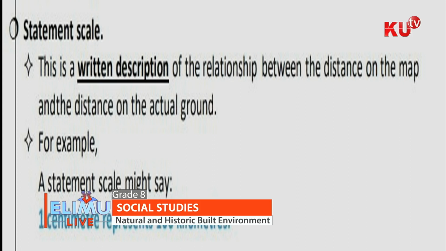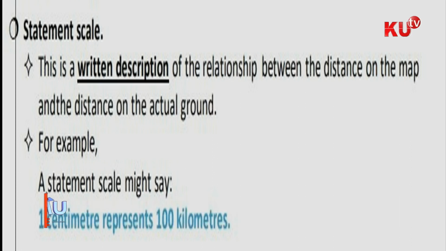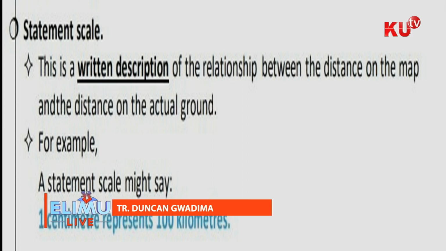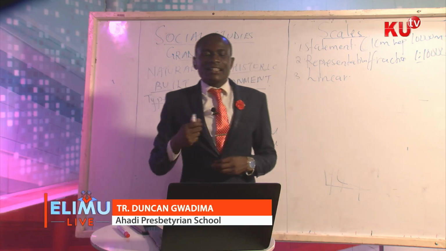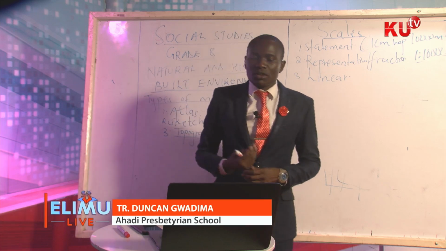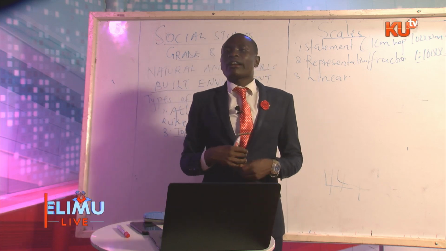Then linear scale is a graphic representing the relationship between the distance on the map and the distance on the ground. It is usually shown as a bar or line with markings to indicate the distance on the map and the actual distance on the ground.